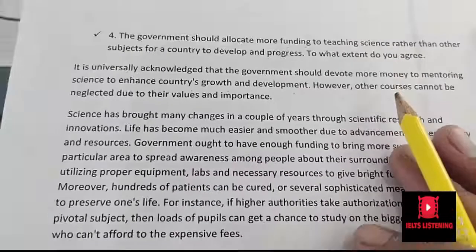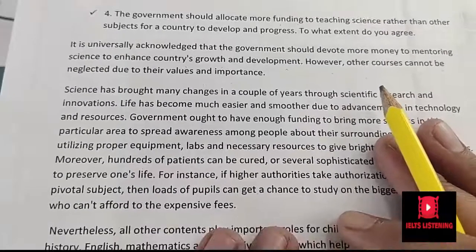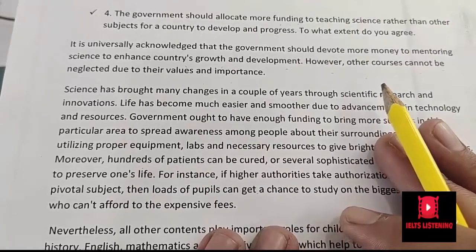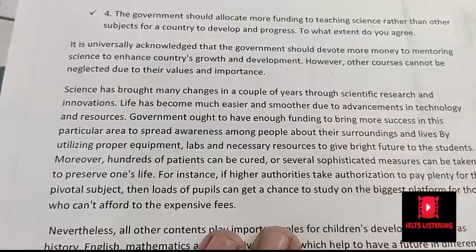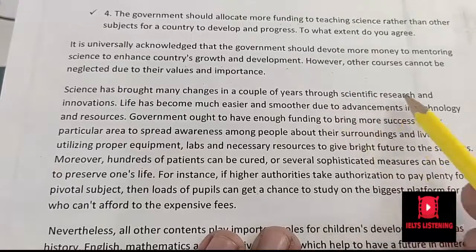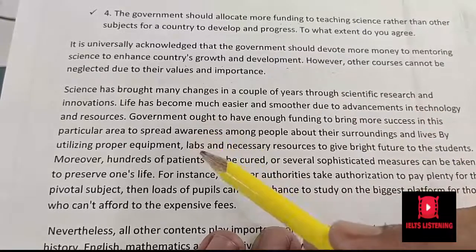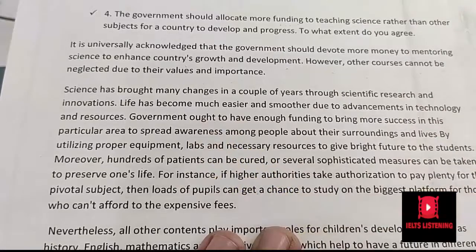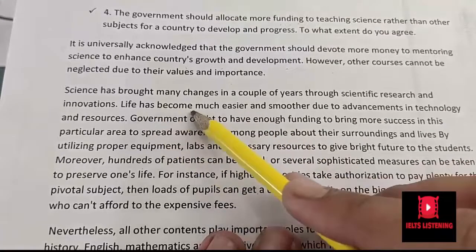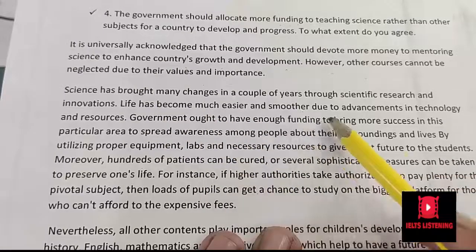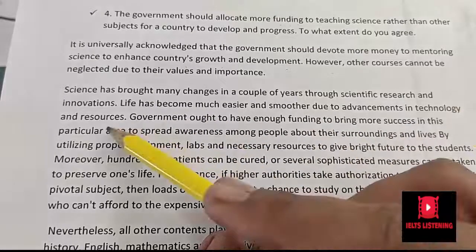Let's start with the BP1 paragraph, which is: science has brought many changes in a couple of years, means science has done a lot of things for us. Through scientific research and innovation, because we know we have technology and we are using it, this is how it has changed our life a lot. Life has become much easier and smoother due to advancement in technology and resources.